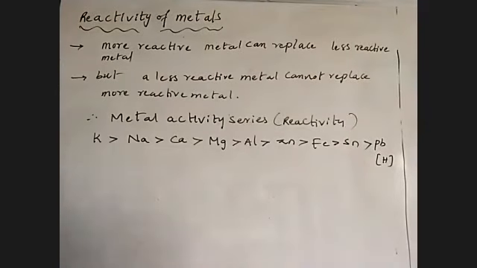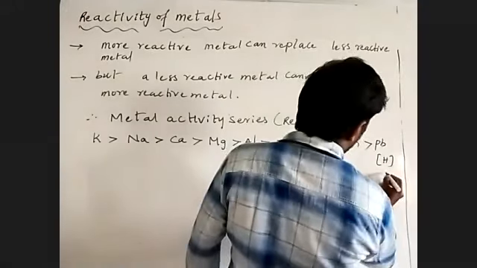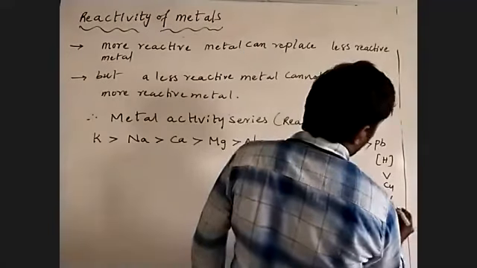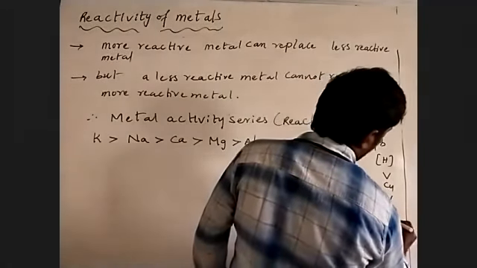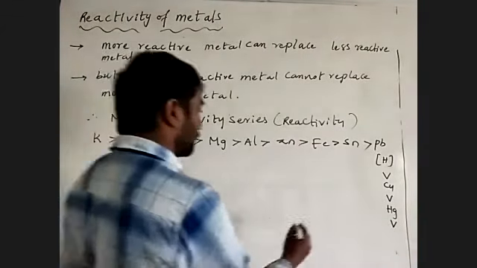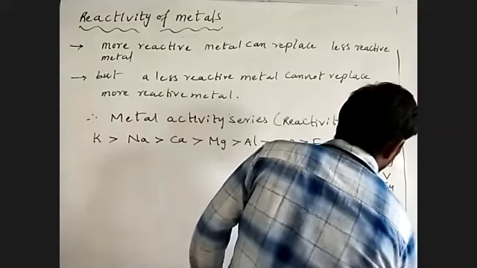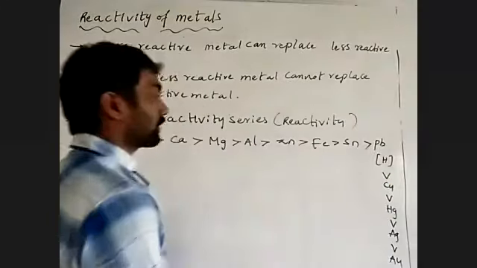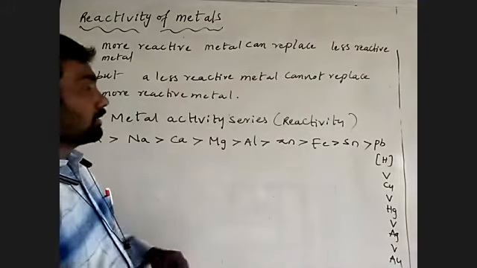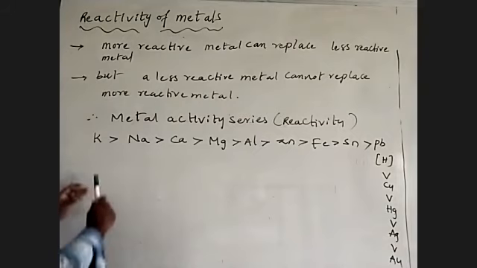Those are more reactive than hydrogen, and the least reactive ones come after hydrogen: copper, hydrargyrum, silver, aurum. This is the series of metal reactivity.